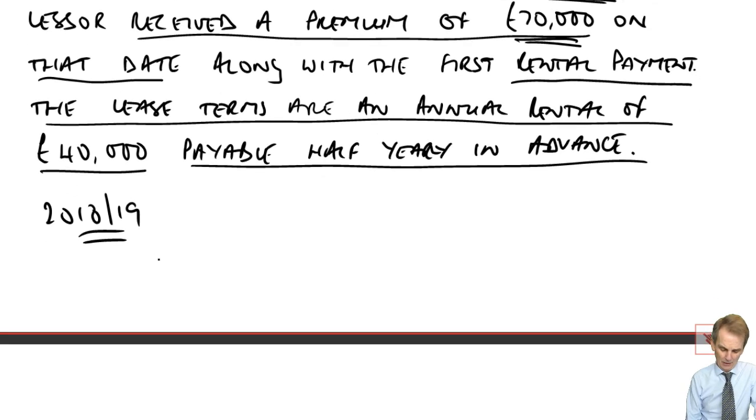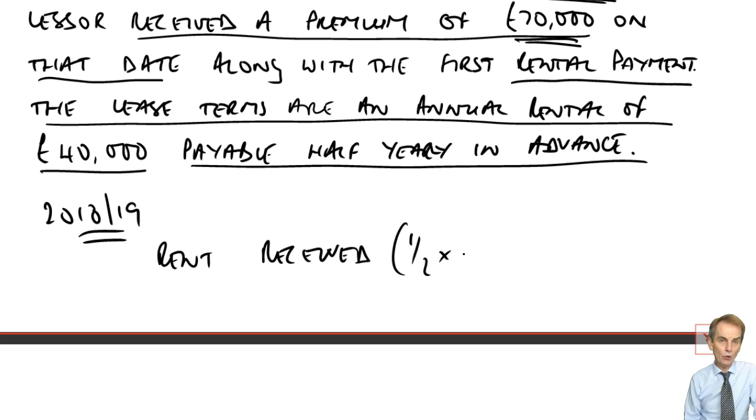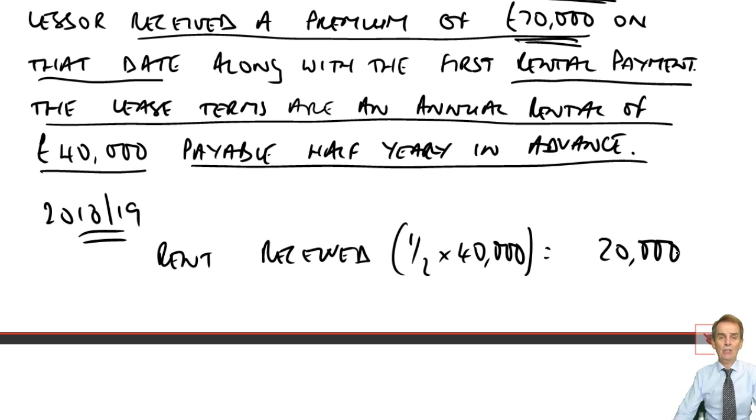So the first bit to include now, rent received. That is going to be, of course, half. It's 1 out of 2 half-yearly receipts of the £40,000 equals 20,000. So the amount received on the 1st of January, next one with the 1st of July of 19 will be £20,000. So there's the first bit.